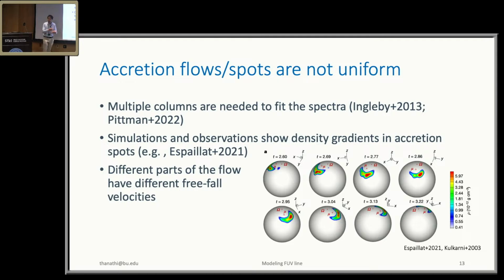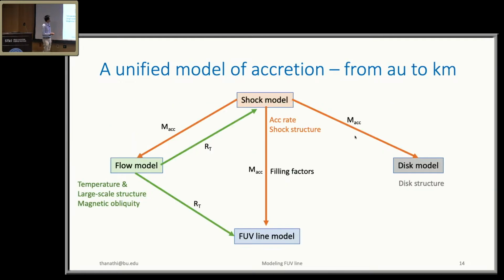So there's a velocity gradient in the accretion flow. If it's coming from further, it's flowing faster. If it's coming from closer to the star, it's flowing slower. The difference is not high, but it's on the order of tens of kilometers per second in the pre-shock. So it could help to spread out the profile.